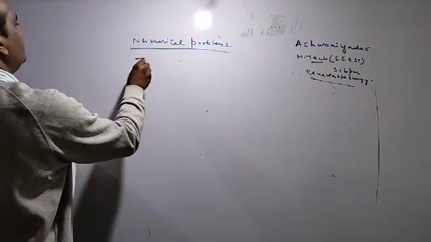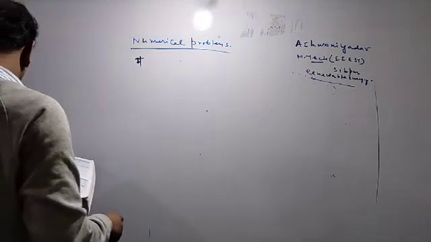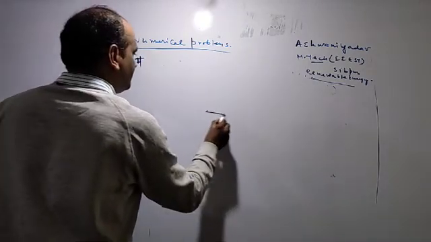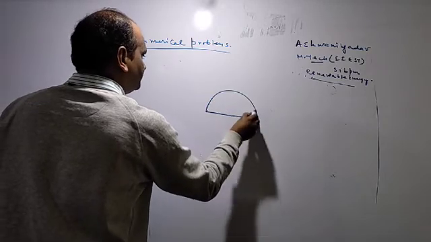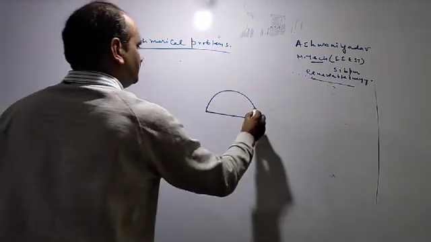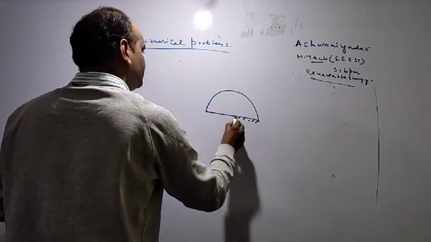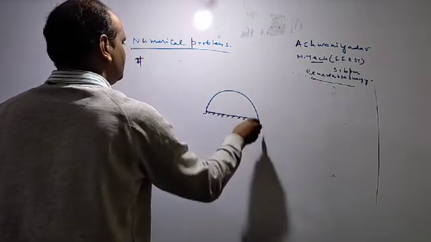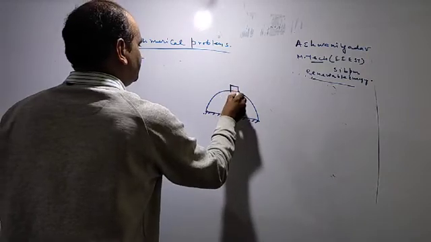Let us do another problem. We have this dome shape. This is fixed. Look at this. This is a dome shape, and this is a disc.